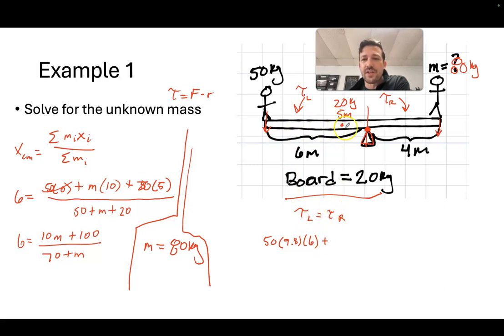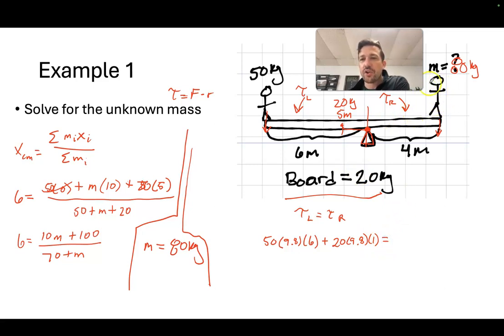Plus, there's another thing on this side, which is the mass of the board on the left-hand side, which is going to be 20 times 9.8 times the distance from the pivot point. From here, that would be 1 meter away, right? Okay, should be equal to the torque on the right-hand side.